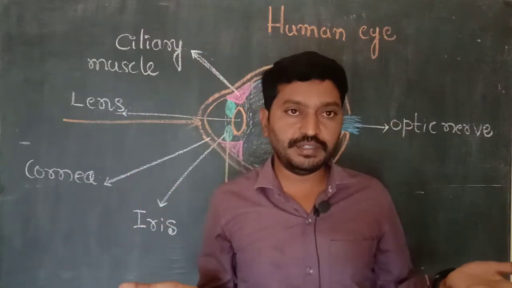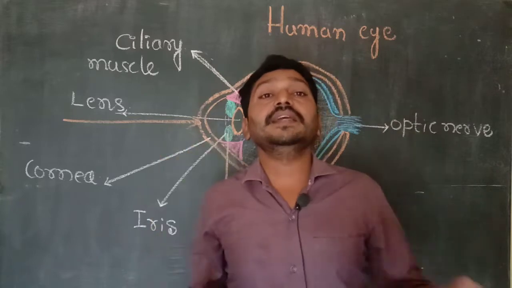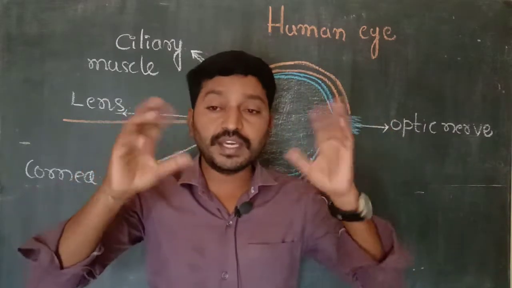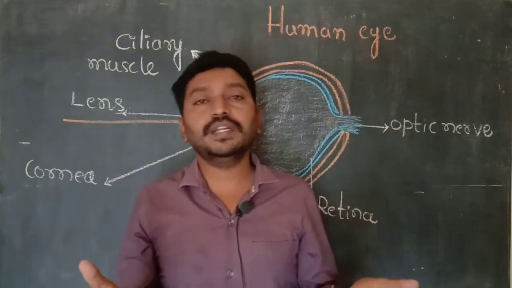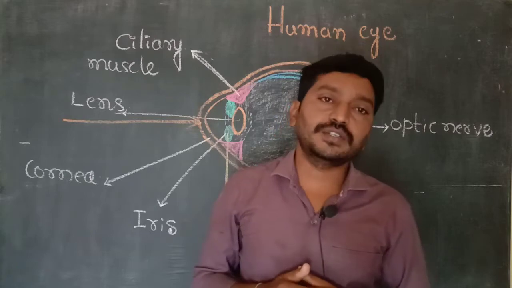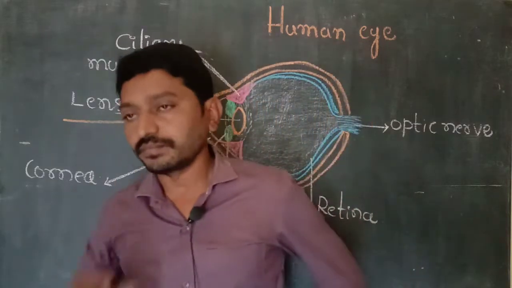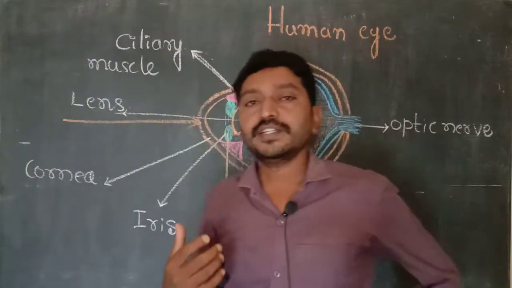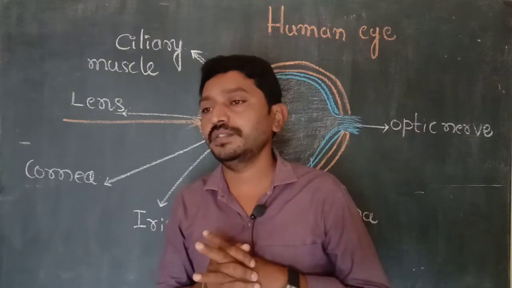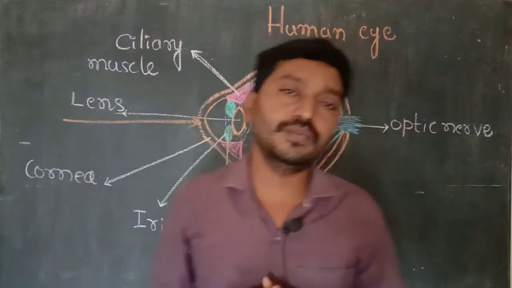After the reflection, the reflected ray falls on our eye. Then only we can see the object. We already discussed this point in the last session, right? So once again I recall that point. The eye is a very essential sense organ to see the wonderful world, right?